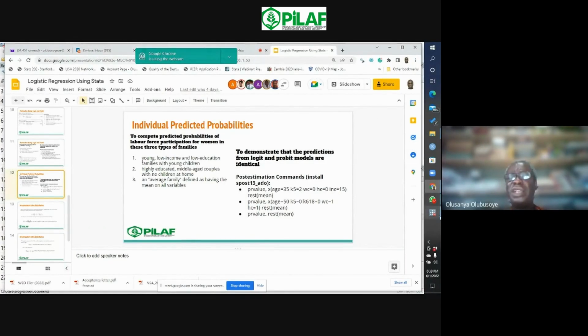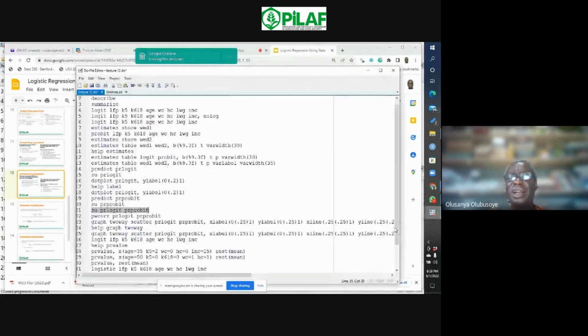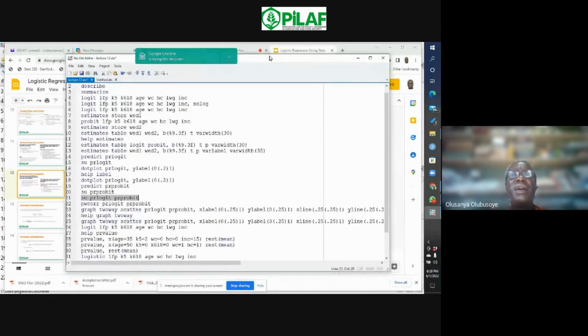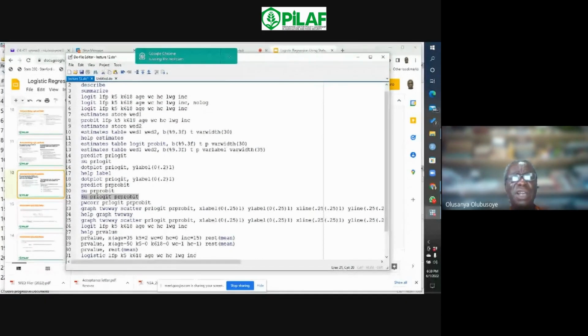How do we compute that? This is the command that we use. This is the command for the first category of women. You remember there are other variables that we have not talked about.